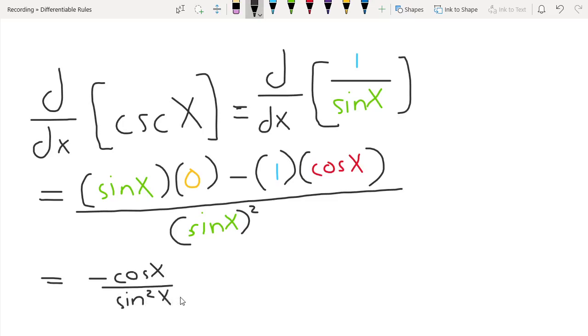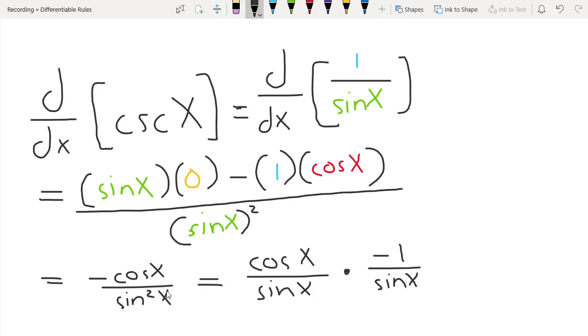So we can simplify this to be negative cosine of x over sine squared of x. And this right here can actually be rewritten again as cosine of x over sine of x multiplied by negative 1 over sine of x.